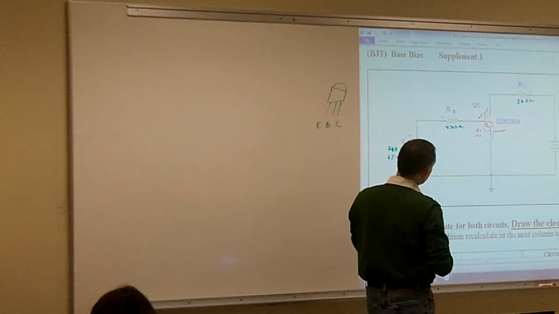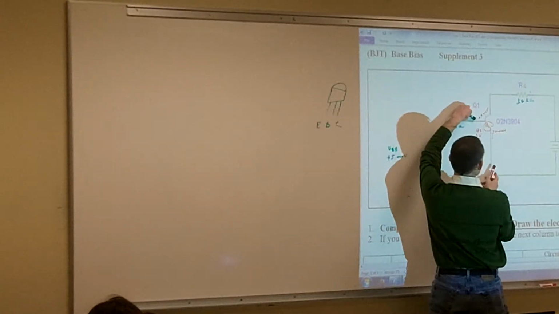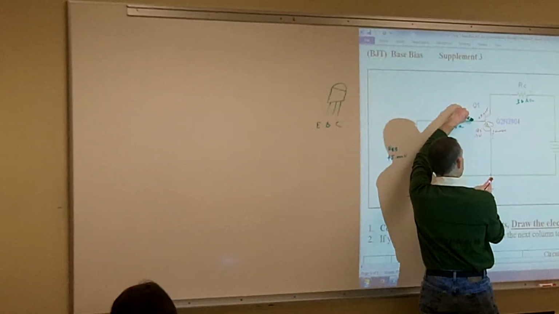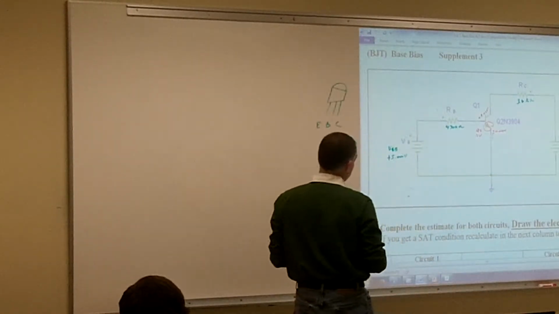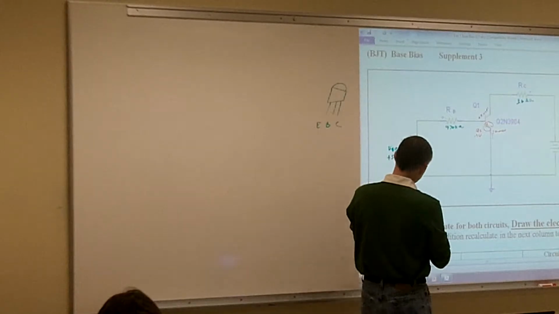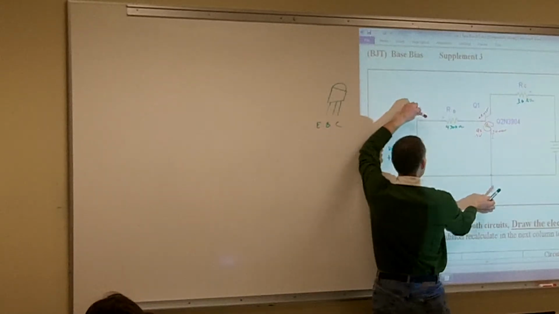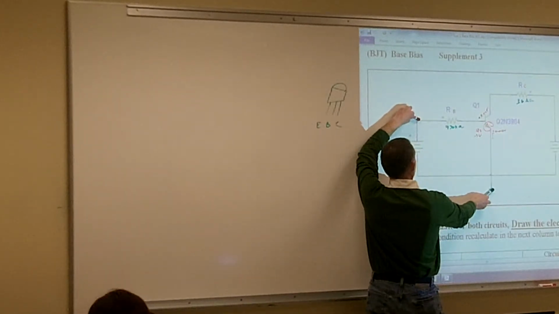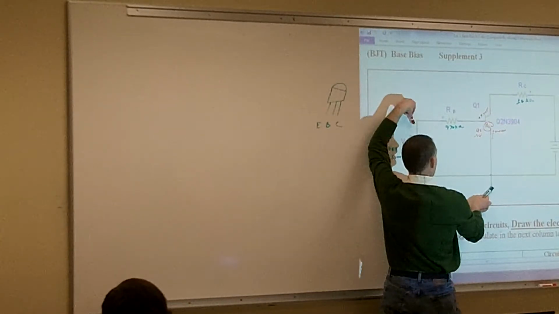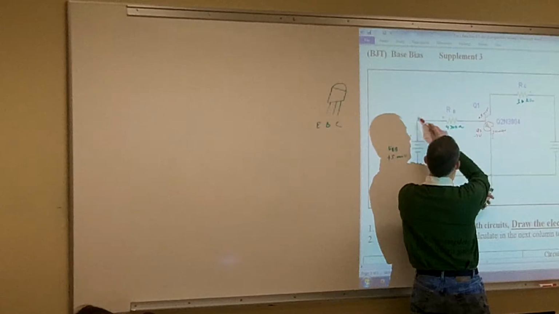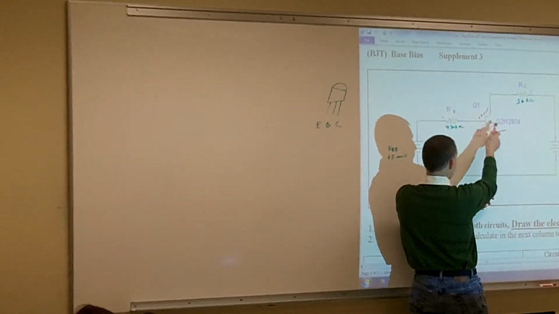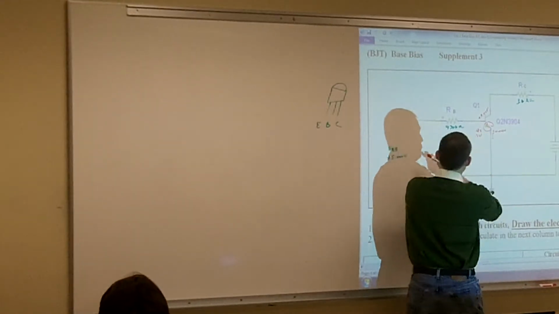So now that we've determined we forward biased our base to our emitter, we need to figure out what our voltage across RB is. Remember, if I go from here to ground, I'm going to measure my 5 volts. As I add up my voltages and bring my red lead over to ground, I should equal my 5 volts, or my source.